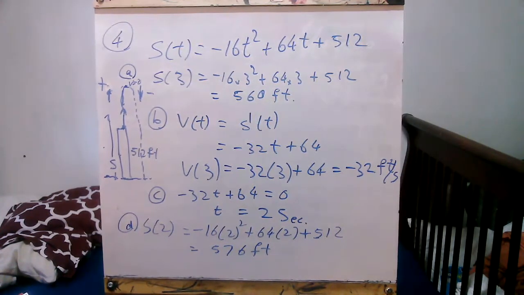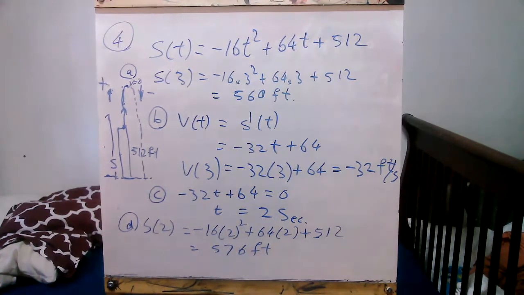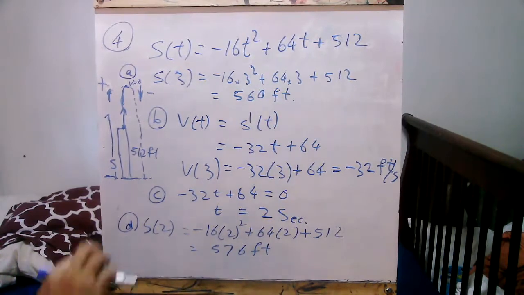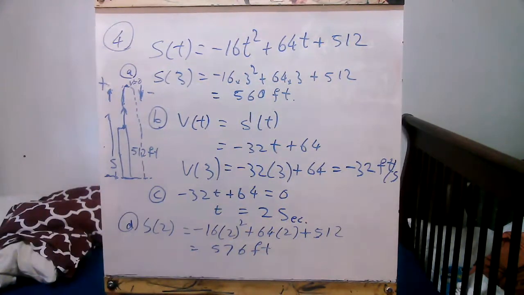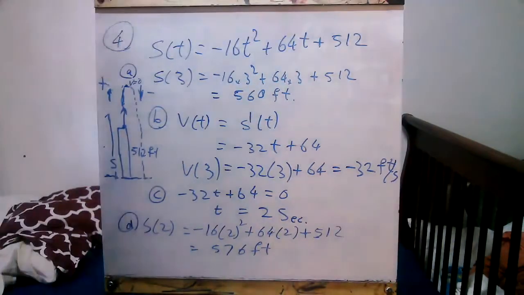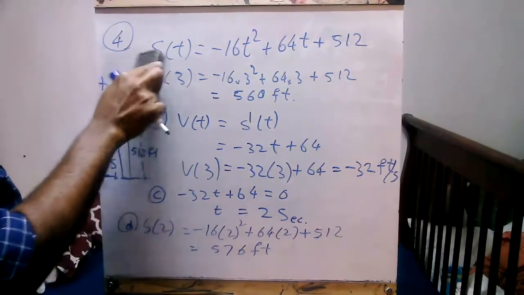What's part E? At what time will the height be 0? When height is 0, it means when it goes up and comes back to this place. Let me erase this part here.